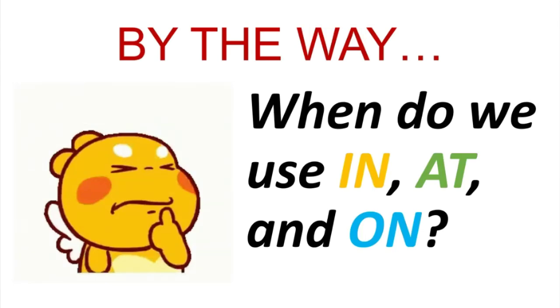When English speakers talk about time and place, there are three little words that often come up: in, on, and at. These common words are prepositions that show a relationship between two words in a sentence. In this lesson, we'll take a closer look at these small but very common, very useful English words.